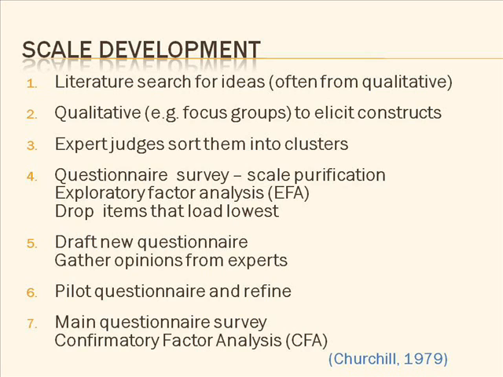confirmatory factor analysis. Having used confirmatory factor analysis, then the next stage will be to use a structural equation modelling program to evaluate the strength of the associations between the constructs.